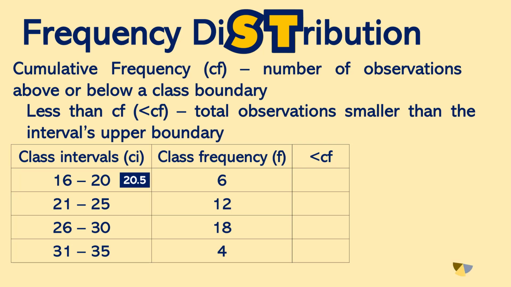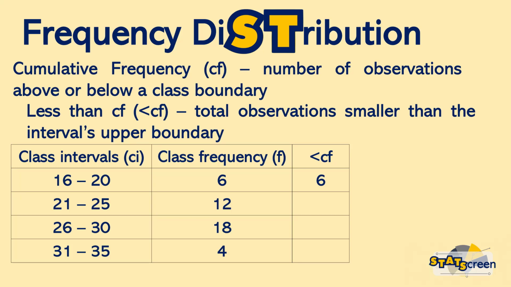In short, we are sure that these 6 are all less than 20.5. That's the less than cumulative frequency of your first class interval.